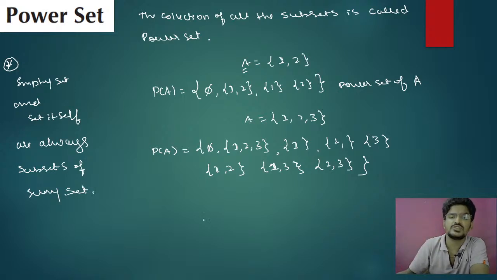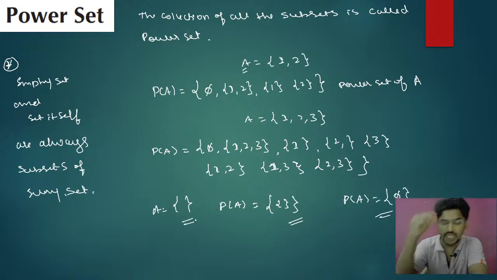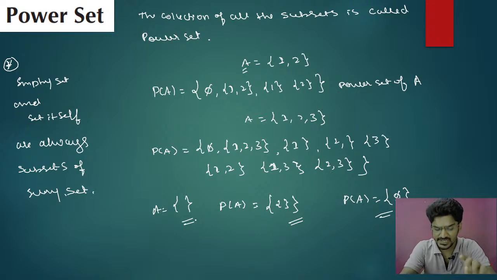Even for the empty set, if I write set A equal to empty, one element of the power set is present, that is the empty set. Or you can also write it as P of A, no problem, because A is empty. Clear? So from this, I think all of you have understood the meaning of power set. Power set means the collection of all the subsets of the set.